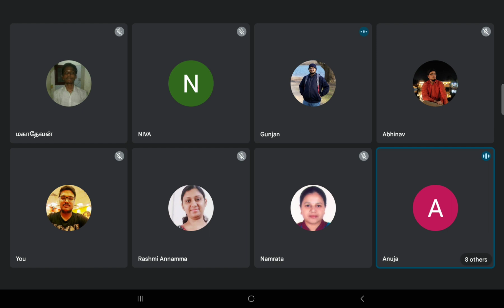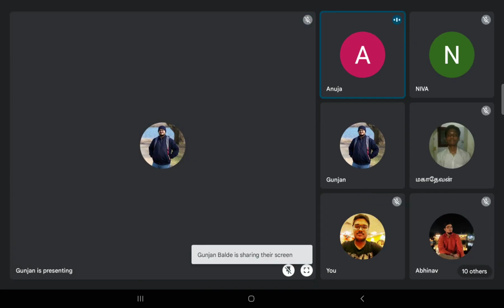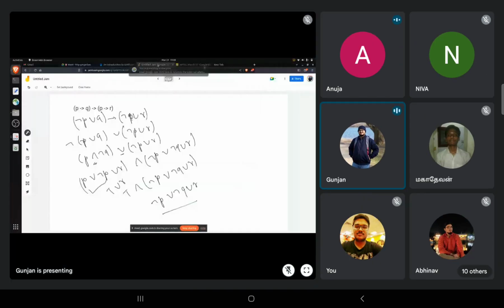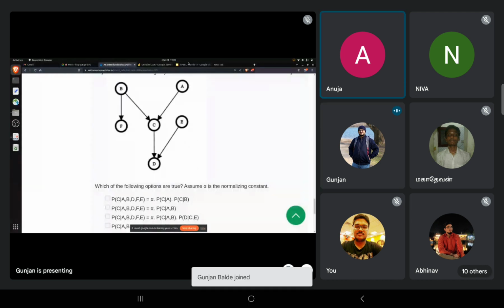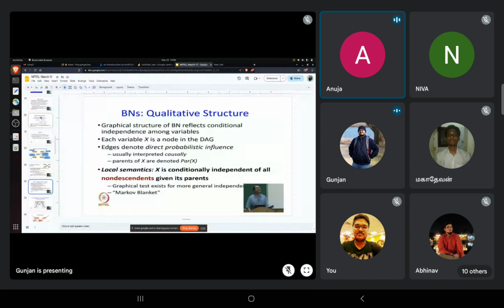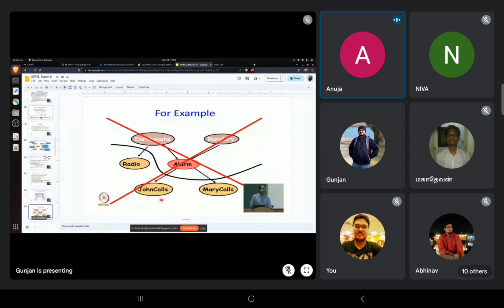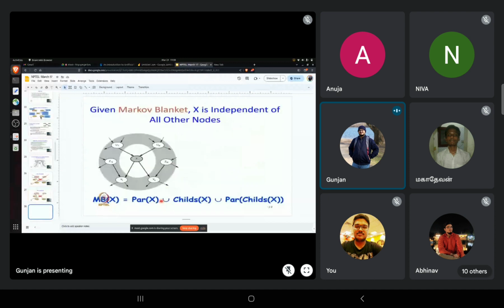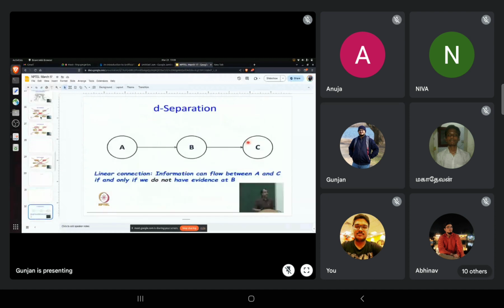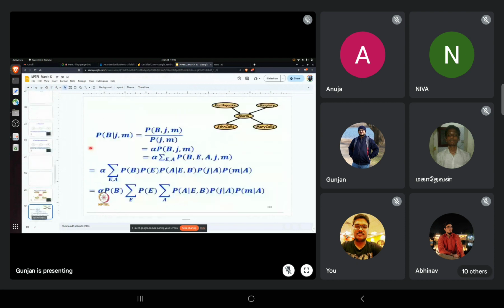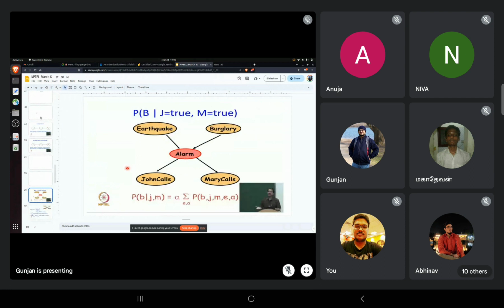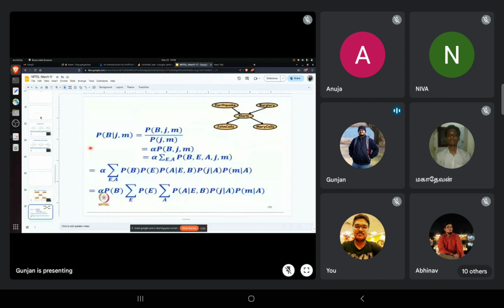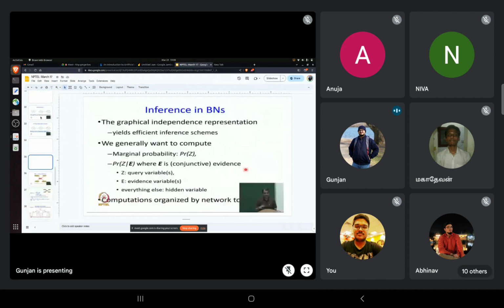Sir, can you explain the different ways of writing conditional independence with different nodes, like 3 or 4 parents, or 2 or 3 children? What is your specific question?